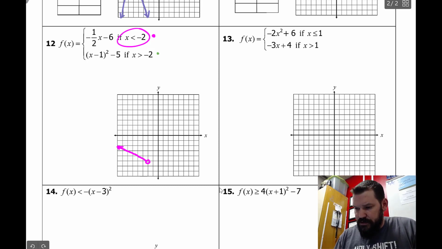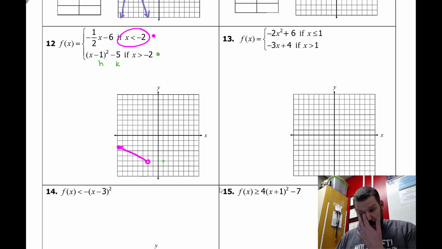And then we want to graph the second part of the piecewise function. This one is a quadratic, and we can see that it has a vertex at +1 and -5. 1, 2, 3, 4, 5. That graph will open up, and it's not reflected.